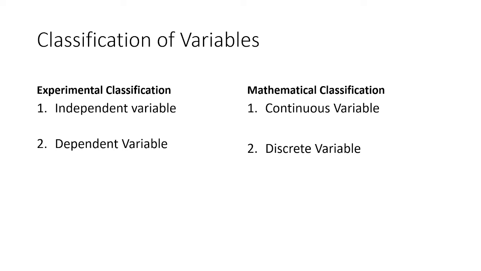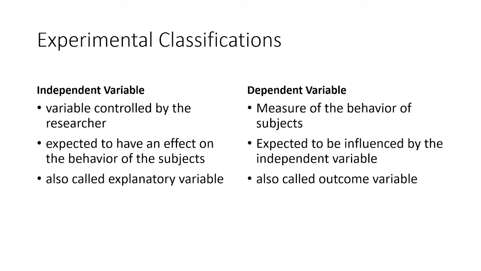So we have two types of experimental variable. We have independent variable and dependent variable. And for mathematical classification of variables, we have discrete and continuous variable. So for the experimental classifications, we have here independent variables and dependent variable. And by definition, here are the definitions.